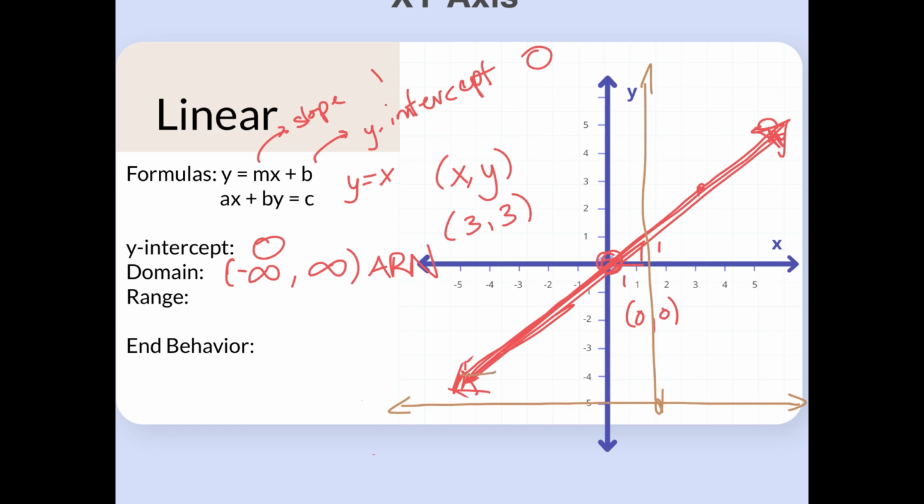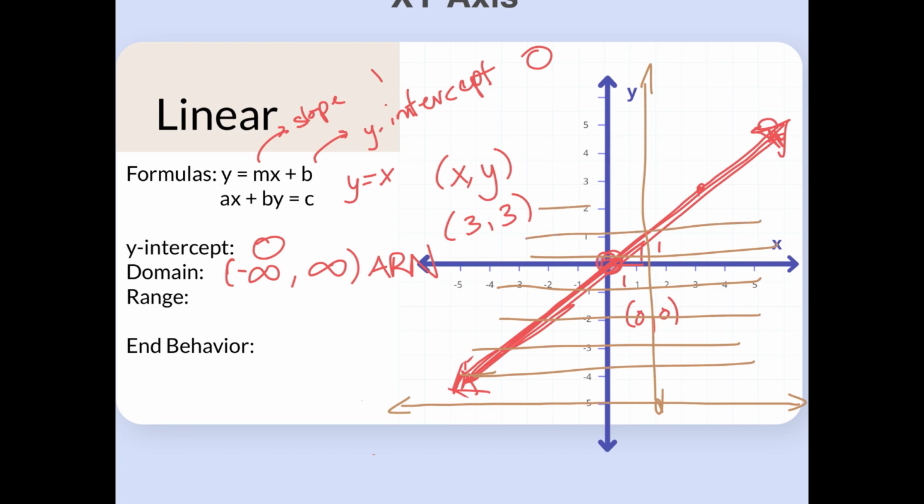And as we can see, every part along this line, as you trace it, hits y values at every single point along this line. And the arrows tell us that the line keeps going to infinity in both directions. So same thing, it hits from negative infinity to positive infinity, or all real numbers.